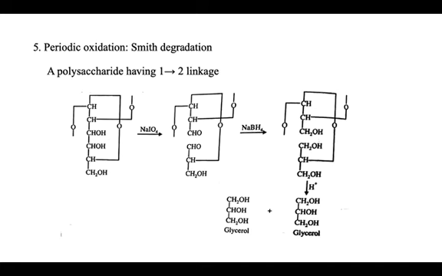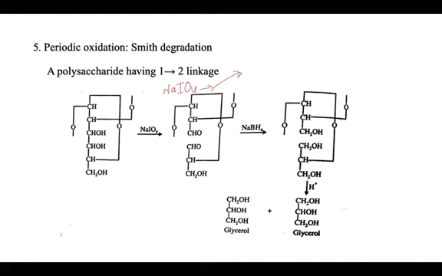Now, another method that we are using for elucidation of the structure is periodic oxidation, that is Smith, also known as the Smith degradation method. In this method, we are using sodium periodate, NaIO4, or periodic acid.